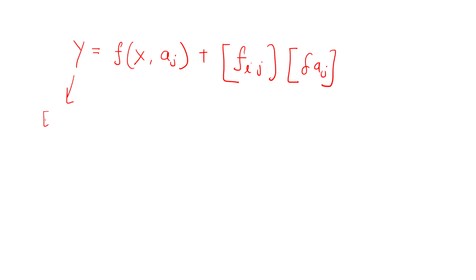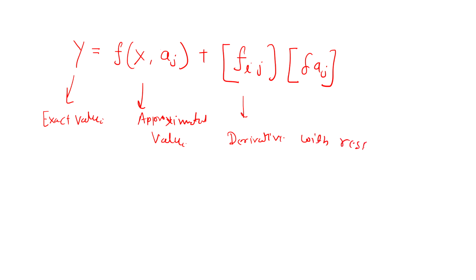where Y is the exact value, y is the approximated value, and this is the derivative with respect to parameter j, aj, at point i.